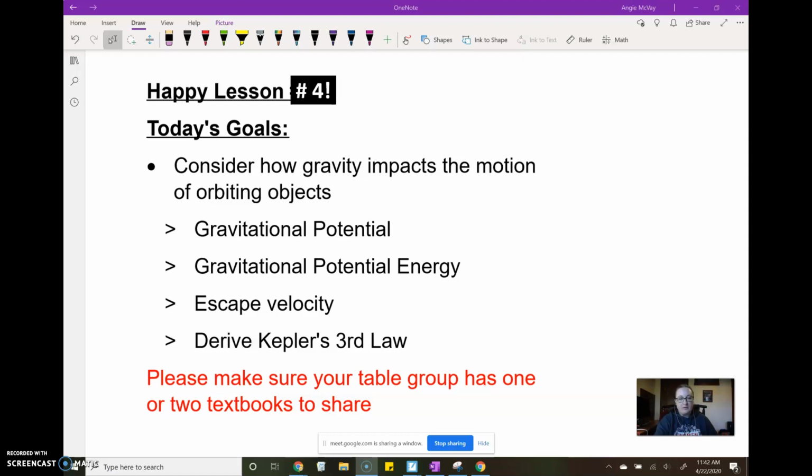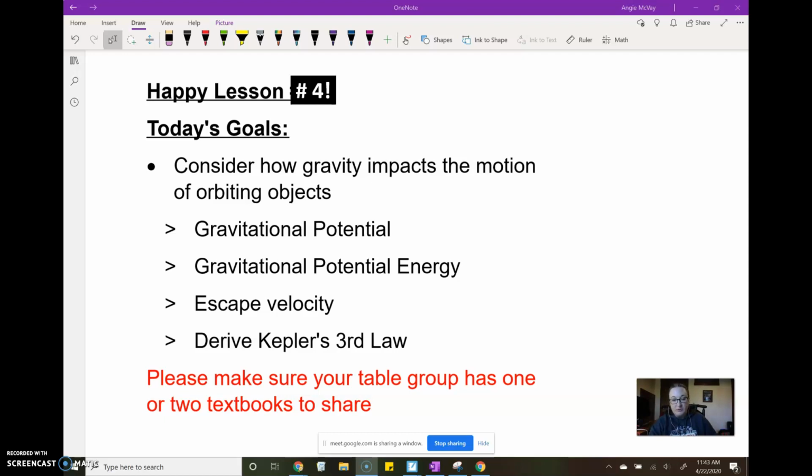So what is required for an object to escape a planet's gravitational pull? And then we will use our understanding of Newton's universal law of gravitation, again in combination with our understanding of circular motion to derive Kepler's third law of planetary motion.